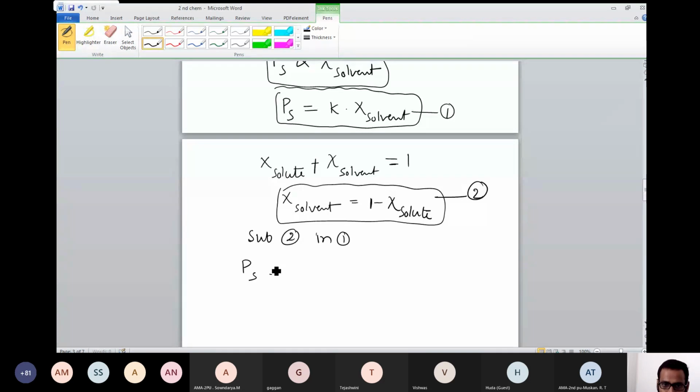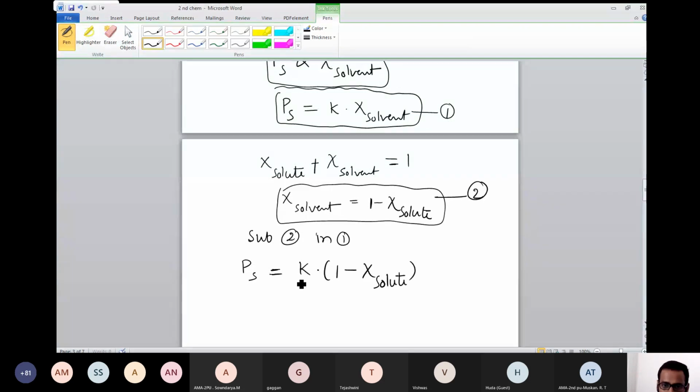PS is equal to K into 1 minus mole fraction of solute. Mole fraction of what? Solute.